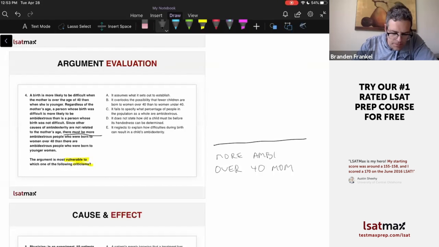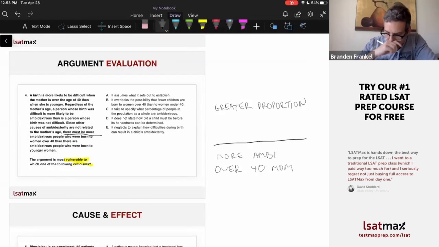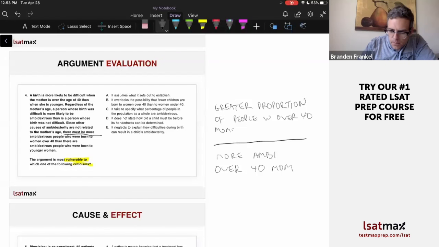So they tell you this, a person whose birth was difficult, and we know that that's true with women over 40, it's more likely to be difficult, is more likely to be ambidextrous. So I think what these statements do guarantee is that a greater proportion of people with over 40 moms are ambidextrous.